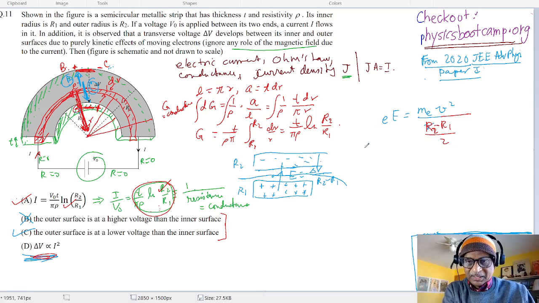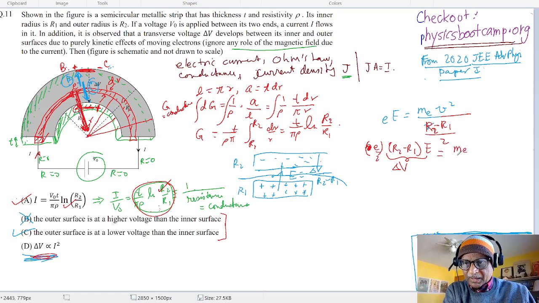Bringing this to the other side, we get delta V times e over 2, and that's going to be m v squared, with v expressed through J: J equals n e v, where n is the number of conduction electrons per unit volume.